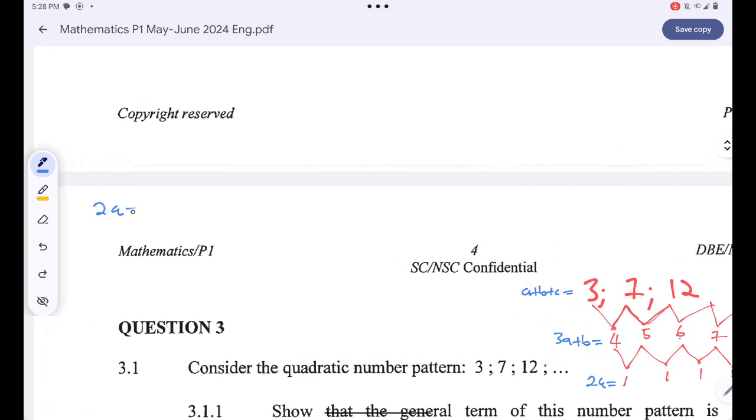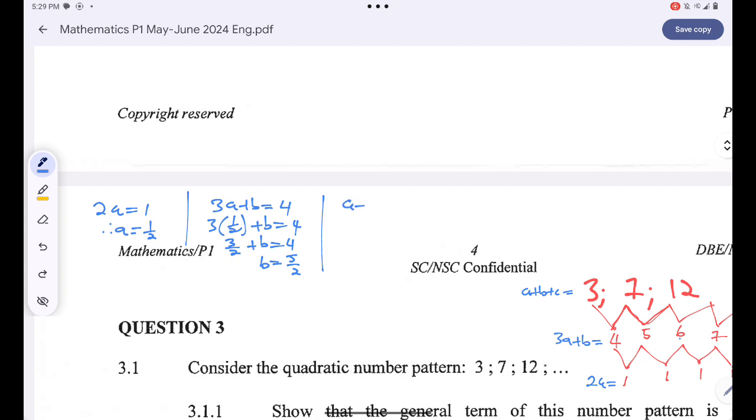I know that 2a is equal to 1, therefore a is equal to a half. But 3a plus b will give me the first term of the first difference, which is 4. That's 3 times 1 over 2 plus b equals 4. This gives me 3 over 2 plus b equals 4, then b is 4 minus 3 over 2, which gives me 5 over 2.